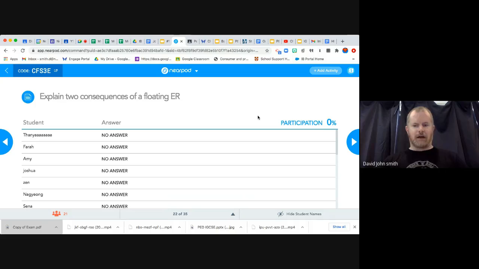So next task, explain 2 consequences of a floating exchange rate in the sense of an appreciation. I haven't worded the question very well. 2 consequences of an appreciation is what I'm after.